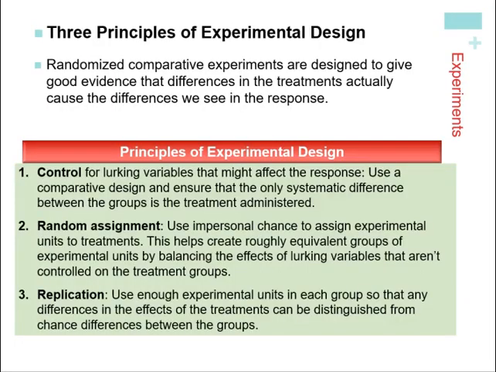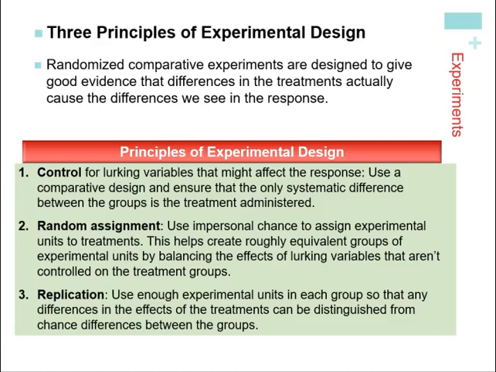Okay, 3 principles of experimental design that we need to always take into account. One is control. Have we tried to identify any lurking variables and done something to control for those so that they don't affect our results? Random assignment: we should not be picking and choosing what subjects get what treatment.